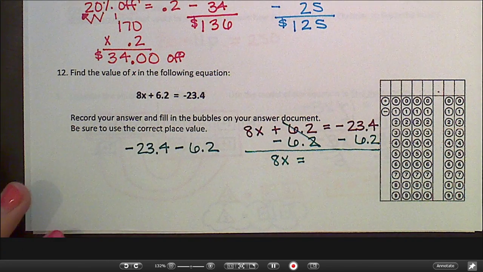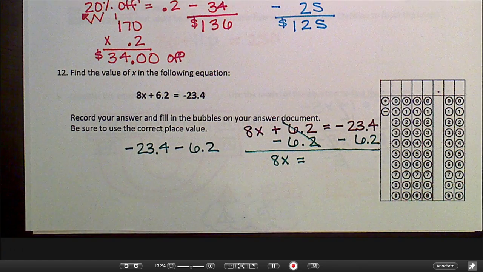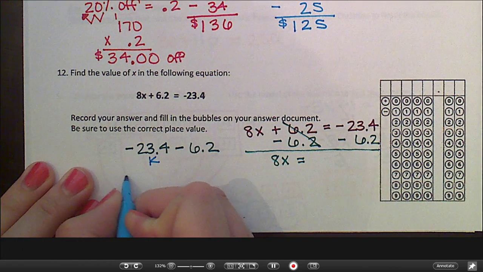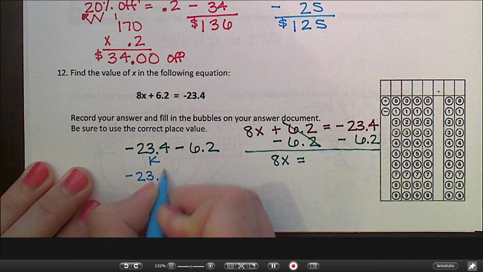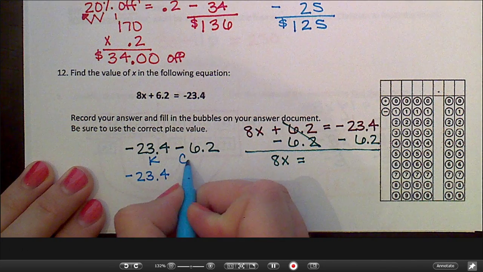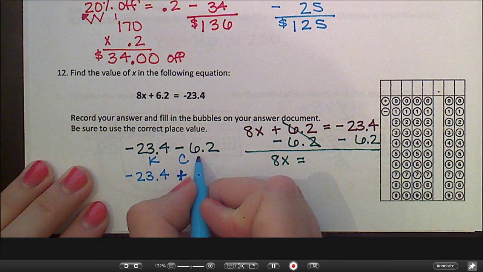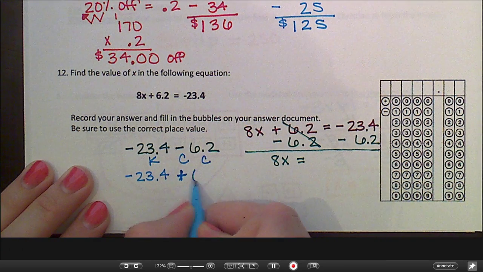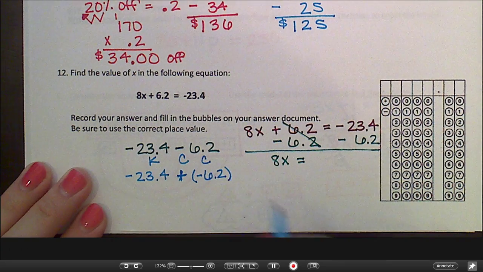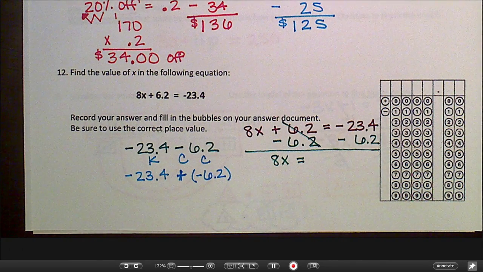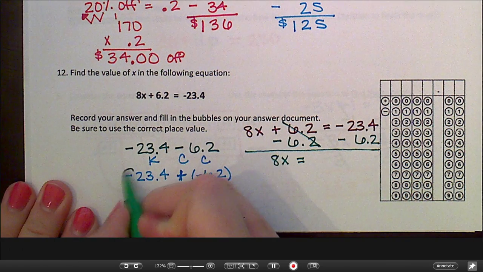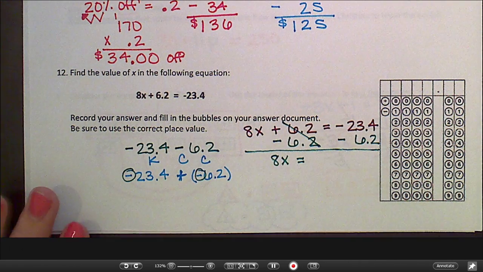The rule says to keep it, change subtraction to addition, and then change 6.2 to negative 6.2. Now I'm adding, and my signs are the same, negative, negative.